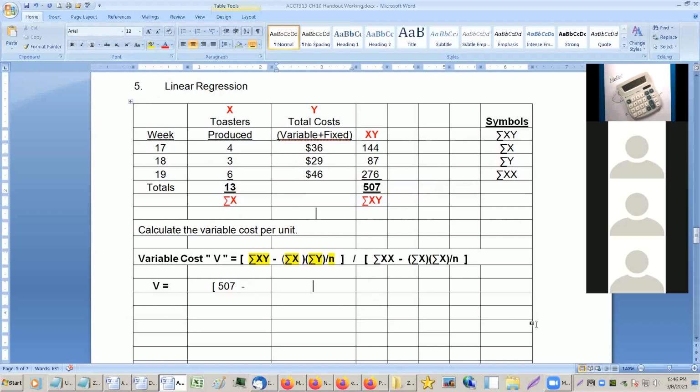So this would be bracket, wrong bracket, that kind of bracket, 13.